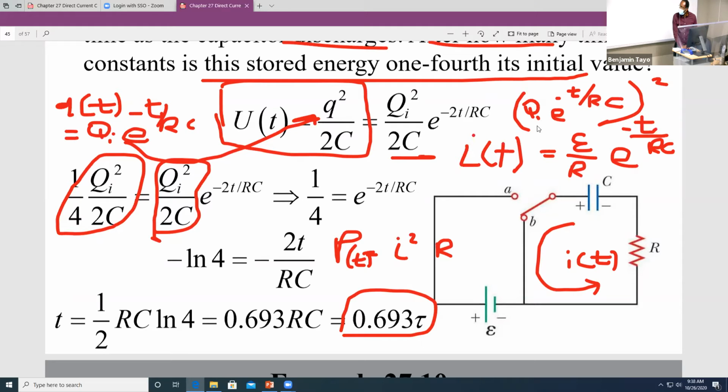So this square is going to apply to Q_i, and then it's going to apply to the exponential. So it's Q_i squared times e to the negative t over RC, all of that squared. So that 2 goes into that exponent there. Are there any other questions about this section here?